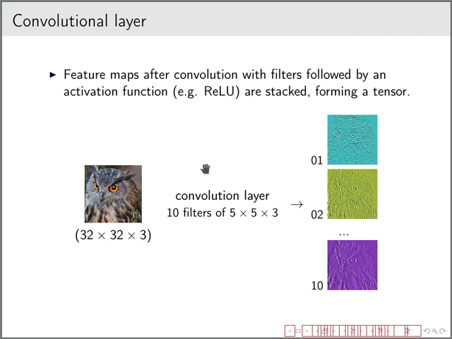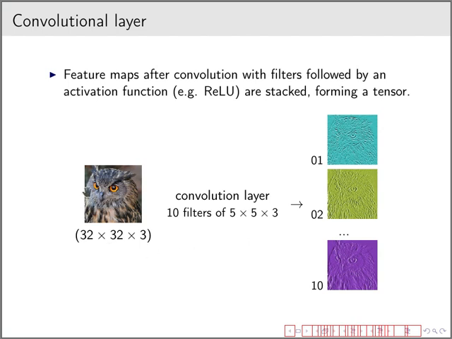So if we define a convolutional layer with 10 filters or 10 neurons, the output is going to be 10 images. Those images are called feature maps. So we have an input image 32 by 32 by 3, and then the convolutional layer has 10 filters of 5 by 5 by 3.